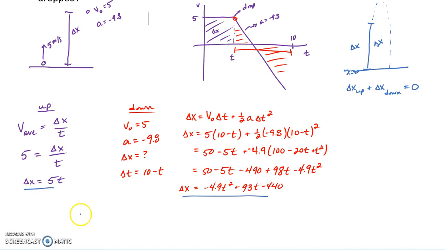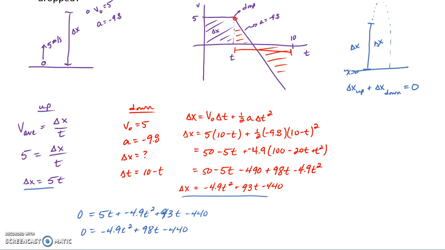So 0 is going to be equal to 5t plus all this stuff over here, minus 440. And then I can simplify that even further. When I do, I get negative 4.9 t squared plus 98t minus 4t.